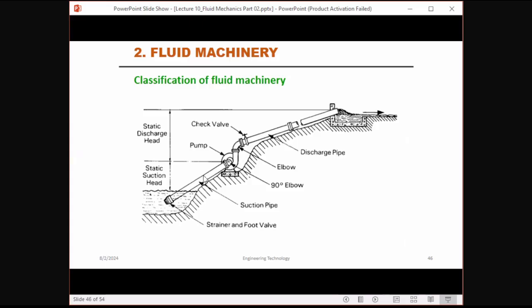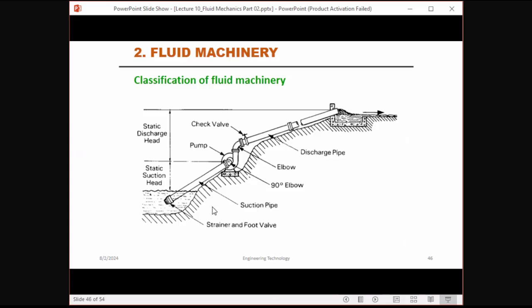This is the inlet, this is the pump outlet, and this one is called a discharge pipe. Then here you can see a check valve and also different bends, elbows, a 90 elbow here.